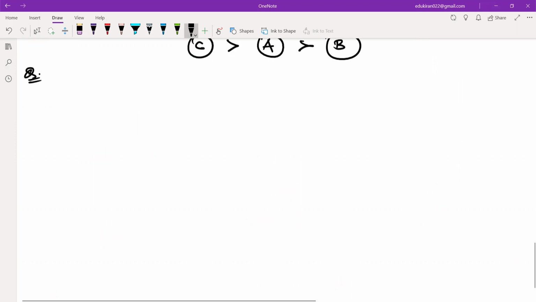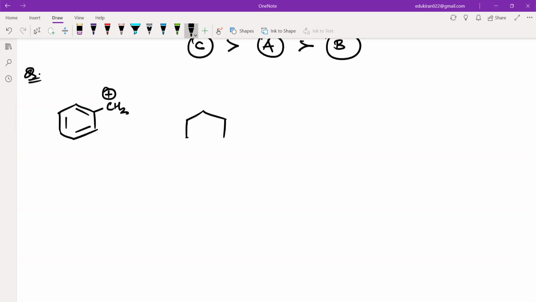Now, in this we have one benzene ring, okay, and there is CH2 positive. Then we have CH, which is attached to 2 benzene rings, and there is a positive charge on the carbon atom.